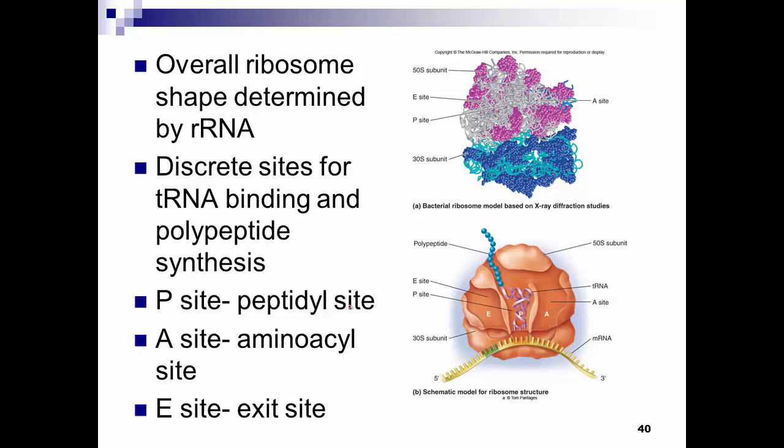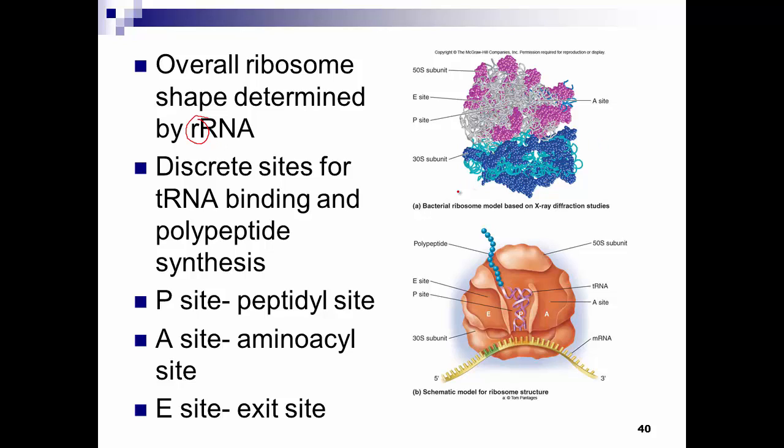We've talked a lot about enzymes being made strictly of protein, but here's an example of a machine with catalytic components that are made of RNA as well, specifically ribosomal RNA. These ribosomal RNAs play a very important role in determining the overall shape of that ribosome.